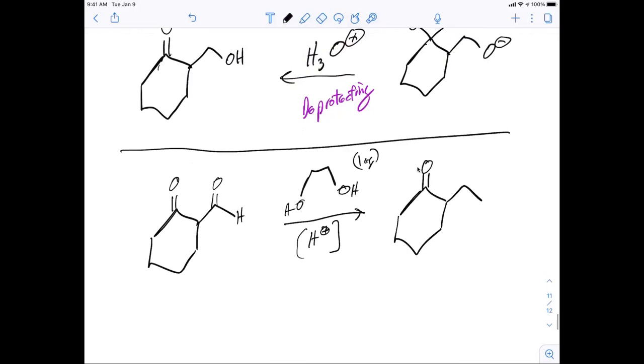The aldehyde. So using this, we could protect aldehydes in the presence of ketones. Right? One equivalent, yeah, one EQ. If we put an excess, we would protect both of them, right? We would get that ketal on both of them.